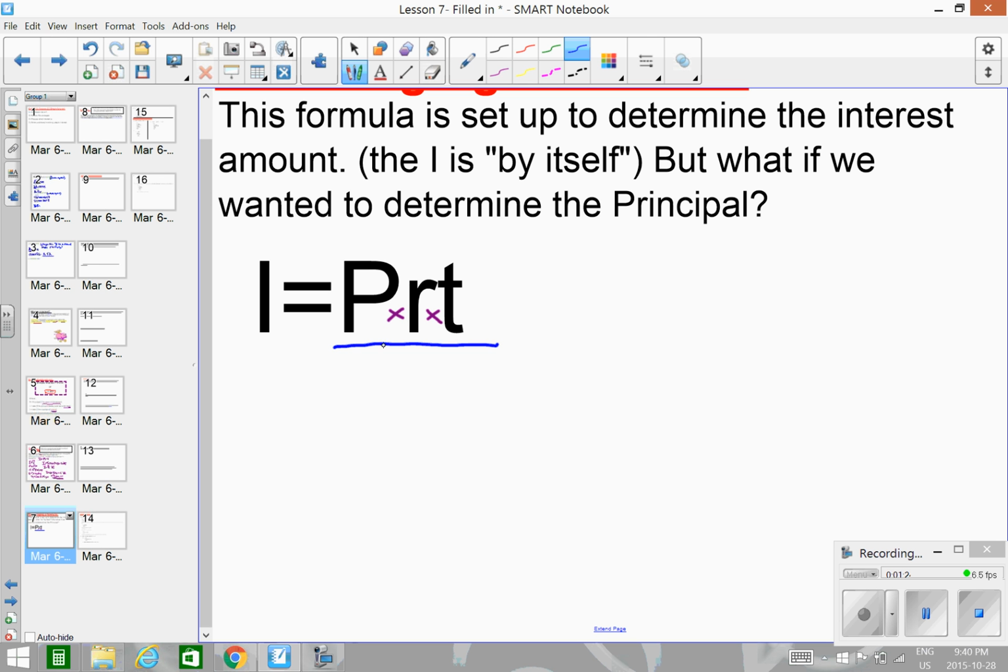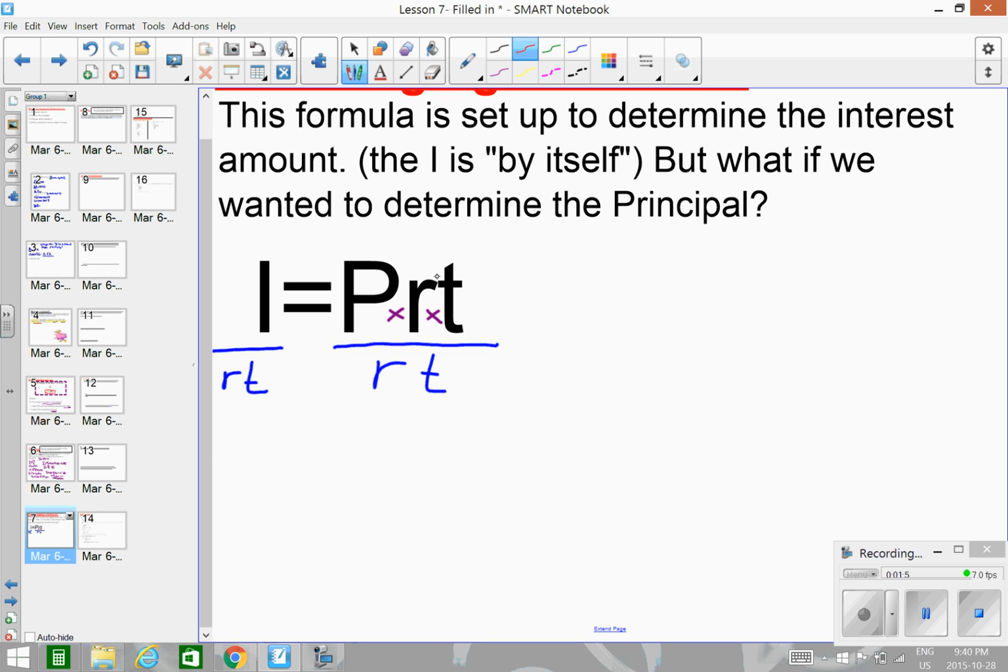So we divide. Well, I need to undo the multiplication of r, and I also need to undo the multiplication of t. But whatever I do to one side, I always, math rules, have to do to the other. Now on this side of the formula, I've got an r up top, an r on the bottom.